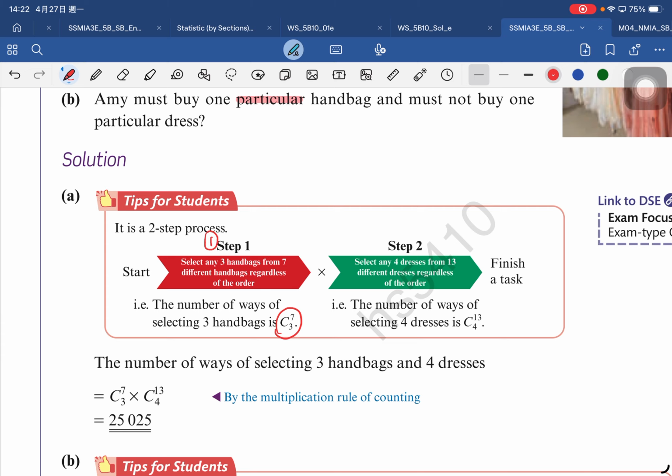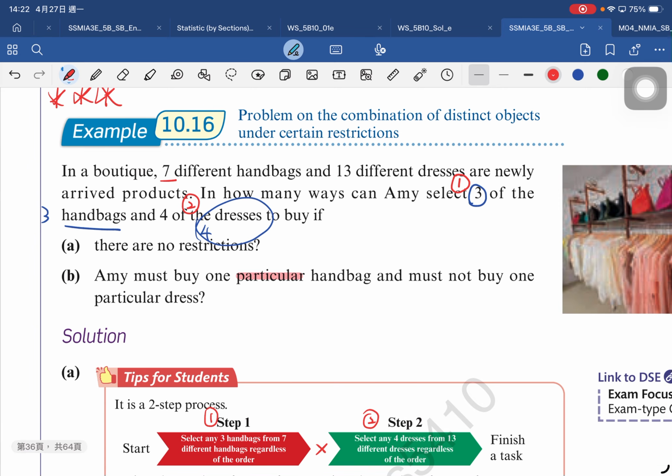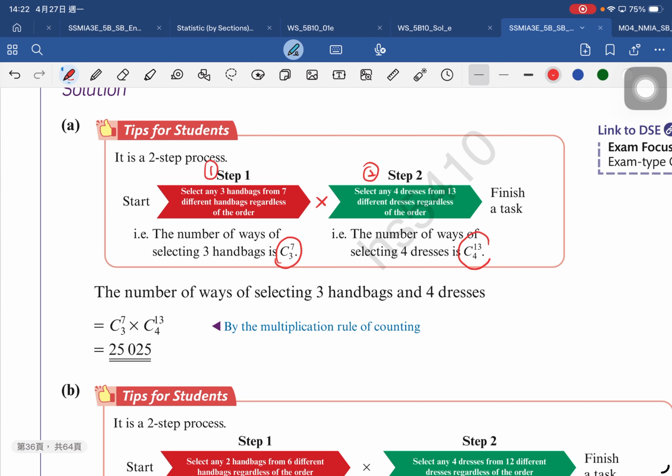Step 1. Step 2. Remember, once it involves steps, use the multiplication rule. I select 4 dresses out of the 13 dresses. So it should be 13C4, with the multiplication rule. Okay, I think part A is not difficult for you to understand. Remember, no order arrangement, just use C to find it.